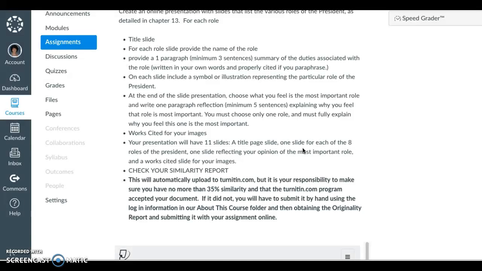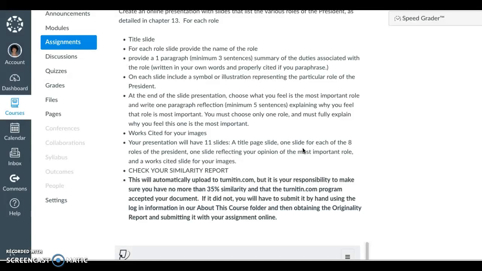On each slide, include a symbol or illustration representing the particular role of the President. So if you use pictures of presidents, make sure you try to get different ones and not use the same one throughout the entire presentation. You can go as far back as Carter or Ford, whatever.